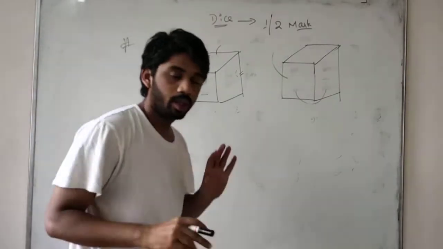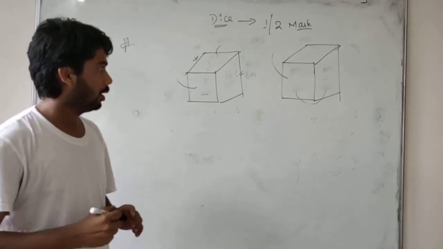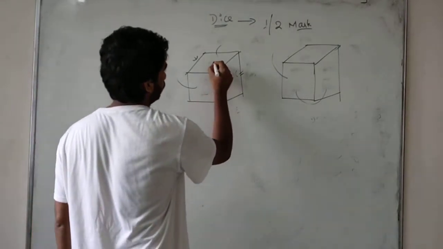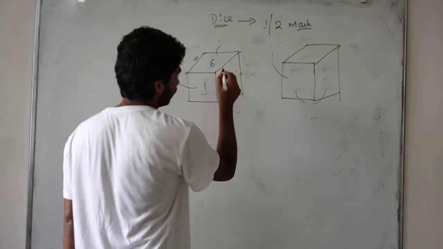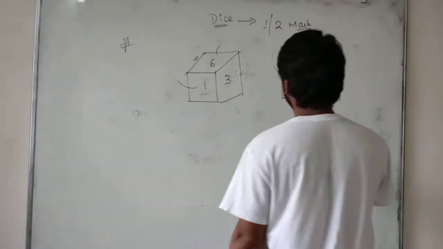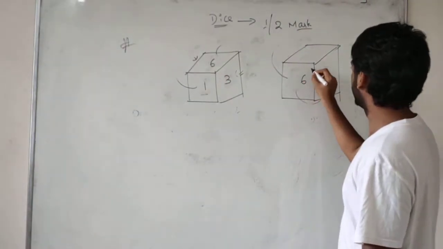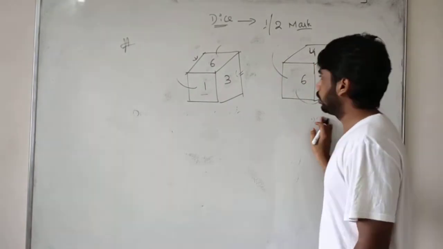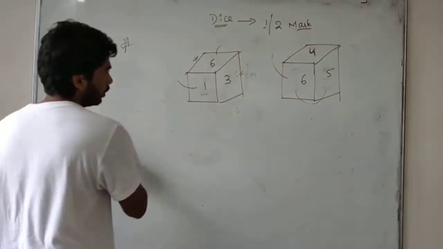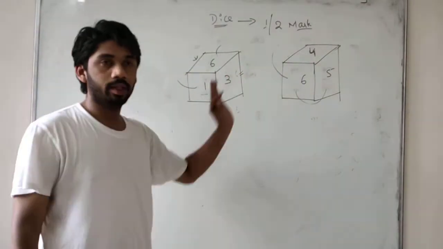So okay students, in this type only I am going to give our next question. See here, 6, 1, 3. 6, 4, 5. So this is the question. So they will be giving the 2 dice.